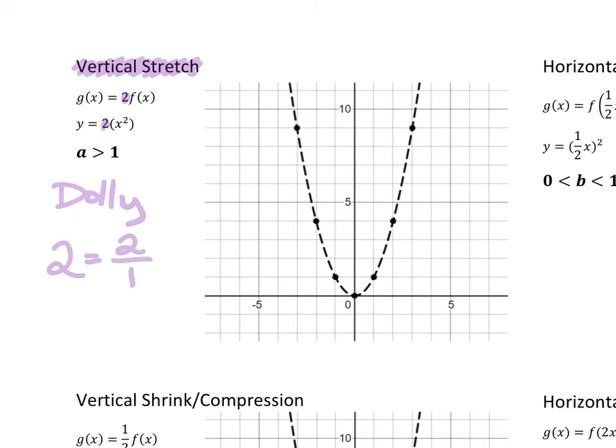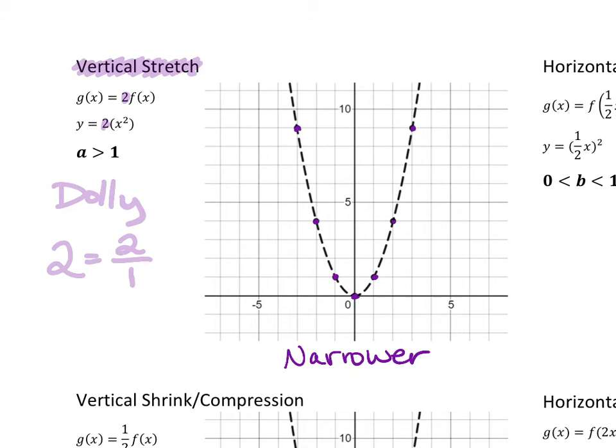Now we know Dolly Parton numbers always make my graphs narrower, and here's why. What we're saying is to take the output, the coordinates here, and instead of plotting them just like the parent function, we're going to multiply these numbers by 2.